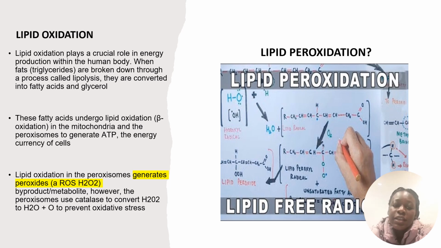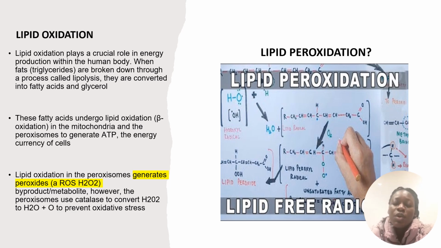Remember I said that the peroxisomes have the ability to convert the reactive oxygen species to water to prevent oxidative stress. Now, when the peroxisomes lose the ability to convert H2O2, the peroxides, into water, then lipid peroxidation occurs.